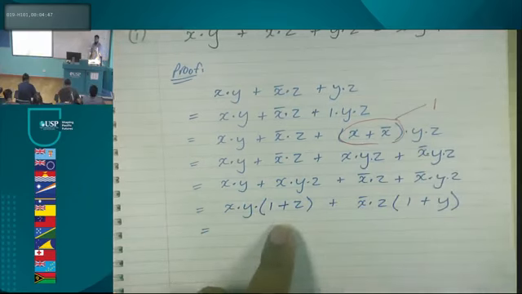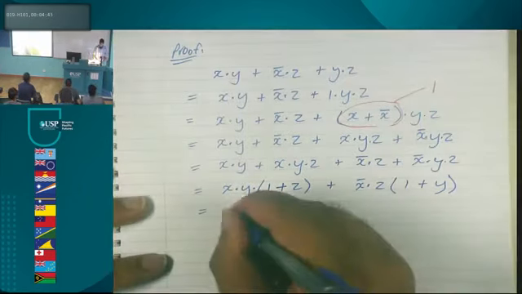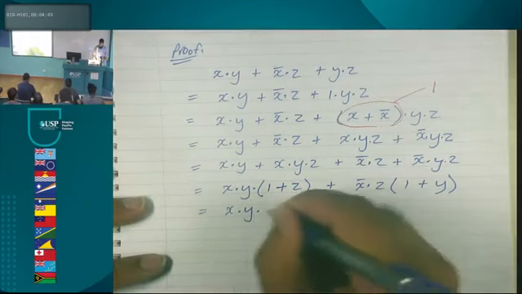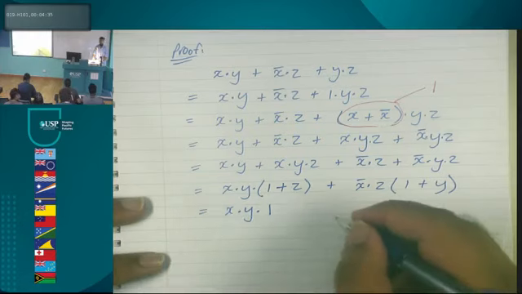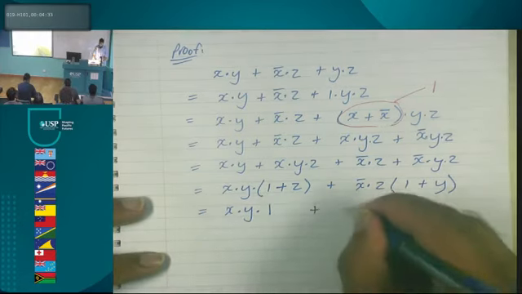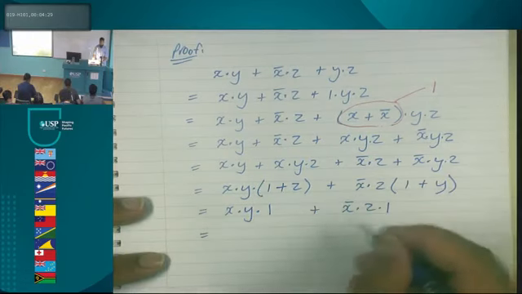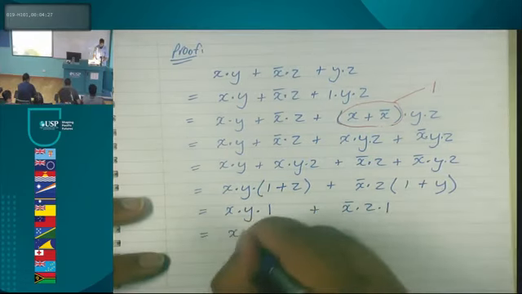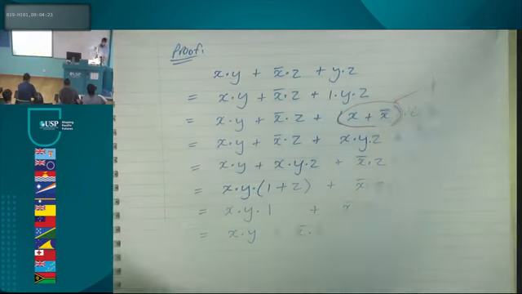Anything or'd with a y, right? Everyone with me? Anything or'd with a 1, sorry. Anything or'd with a 1 is 1. Anything anded with a 1 is the same. There we go.